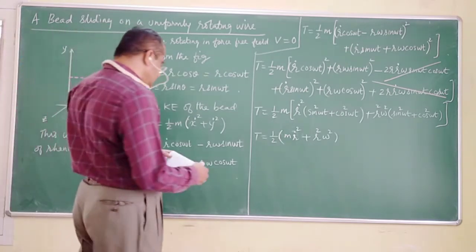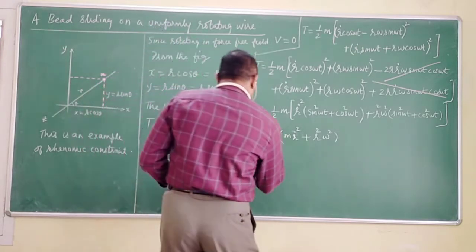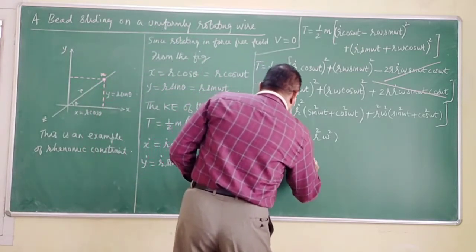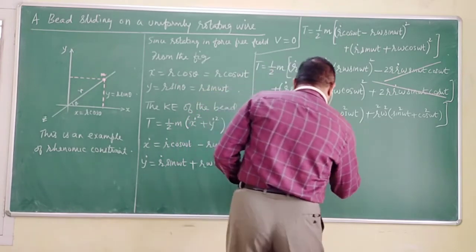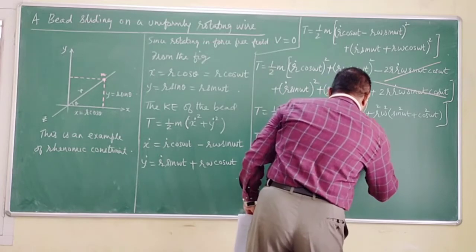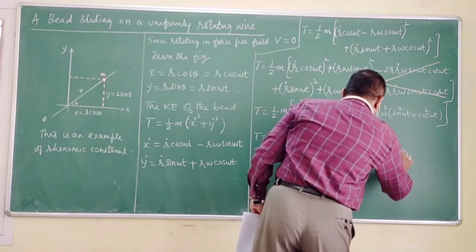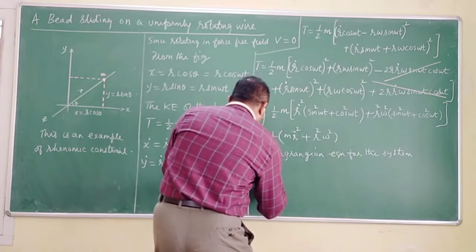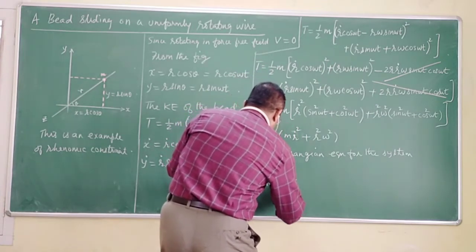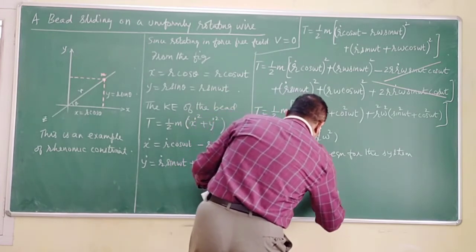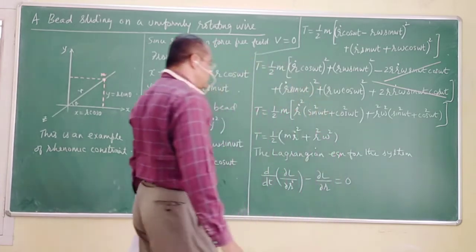So we need to write the Lagrangian equation of the system. The Lagrangian equation for the system will be d by dt of dou L by dou r dot minus dou L by dou r is equal to 0.